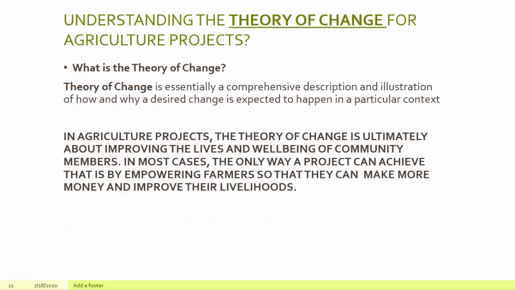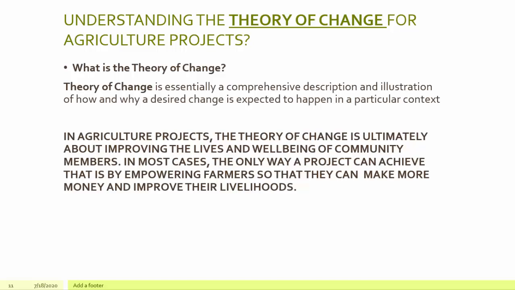All right, so when it comes to agriculture projects, I want to tell you one thing, friend: in the 10 years plus I've implemented M&E, I've dealt a lot with agriculture projects, and they all speak the same language, regardless of whether you're in Asia, Latin America or even Africa.